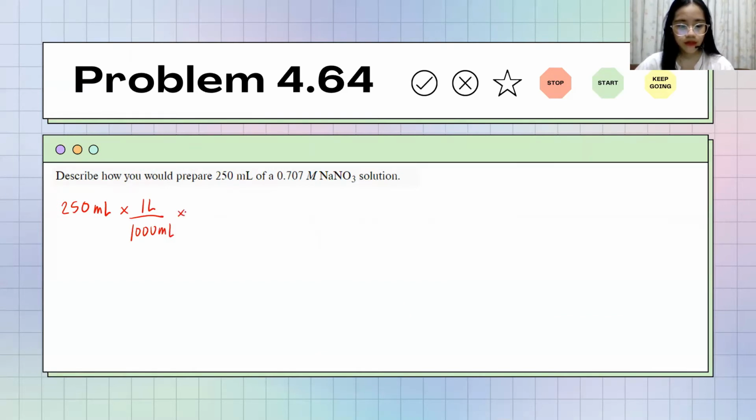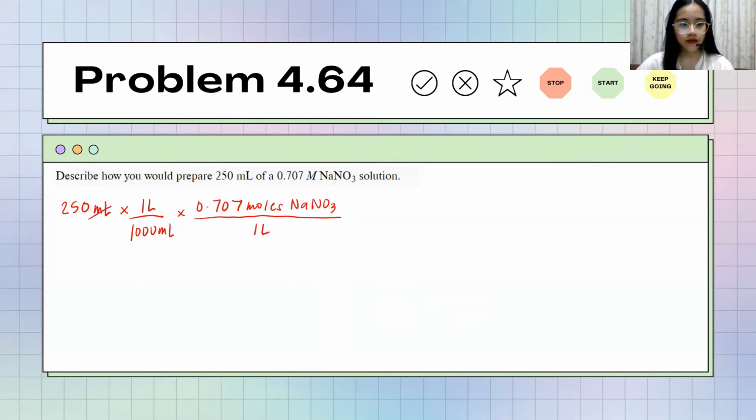Then, we will multiply the molarity given, which is 0.707 moles of NaNO3 over 1 liter.